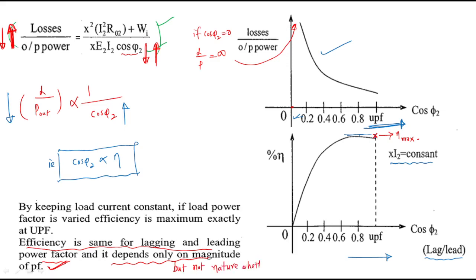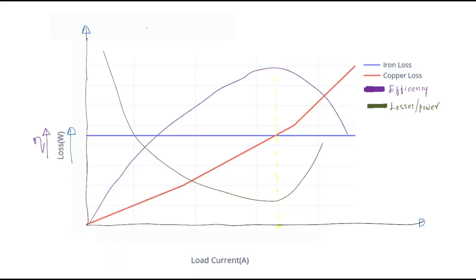Whether it is lag or lead, it depends only upon the magnitude of the power factor. This is about the efficiency of the transformer.